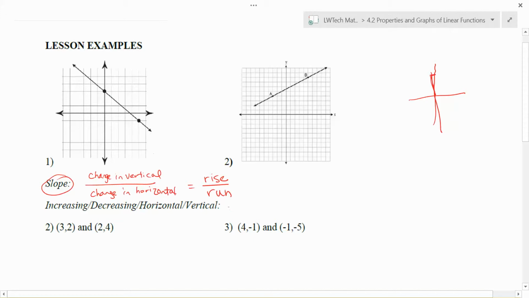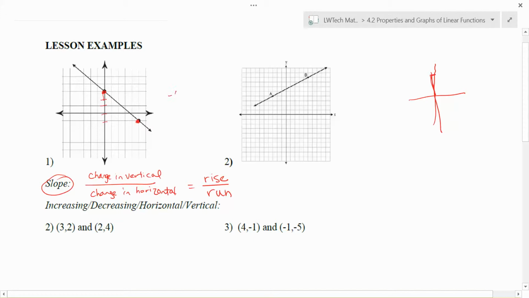So if we go through and figure this out, we can do these mathematically. Let's suppose that we start at this point and we want to figure out the slope of this particular line. To do that, we want to find 2 points and talk about the change in how we would travel to get from one to the other. In this case, we would go down 1, 2, 3, 4 places.